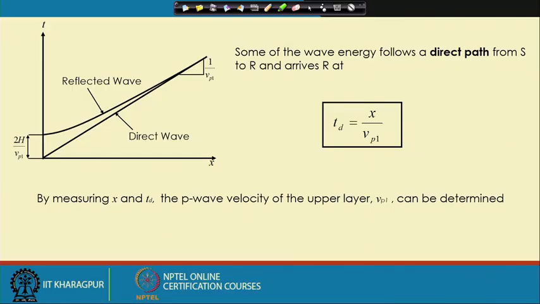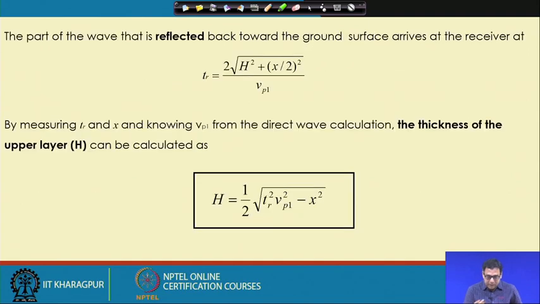Instead of going for two curves, we can go for a single curve by plotting x squared and t r squared, and with that we get a straight line, from which we can get V p 1 and the z value. These are the expressions.